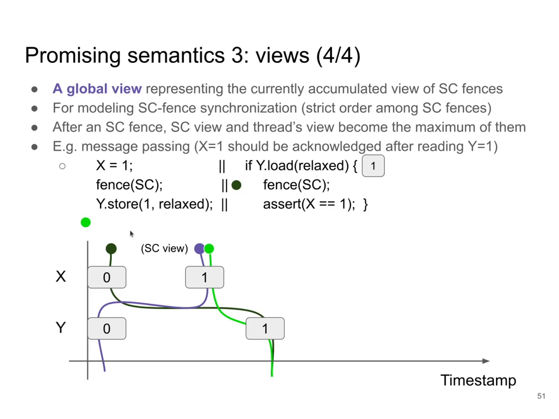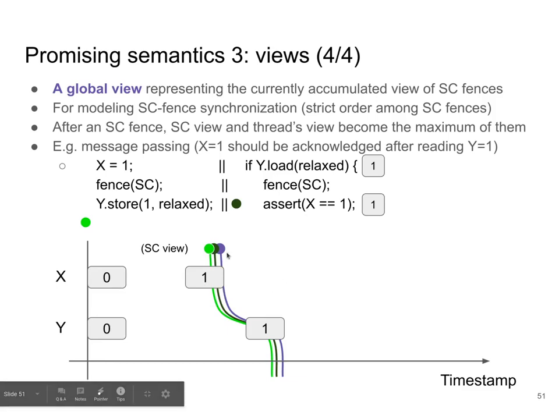My per thread view and the SC view are updated to the join of the two views. The join of the two views is x equals 1 and y equals 1. And automatically, the assertion is safe.